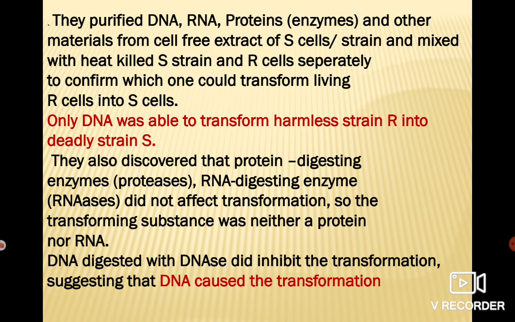Only DNA was able to transform harmless strain R into deadly strain S. They also discovered that protein digesting enzyme proteases and RNA digesting enzyme RNases did not affect transformation. So the transforming substance was neither a protein nor RNA. DNA digested with DNase did inhibit the transformation, suggesting that DNA caused the transformation.